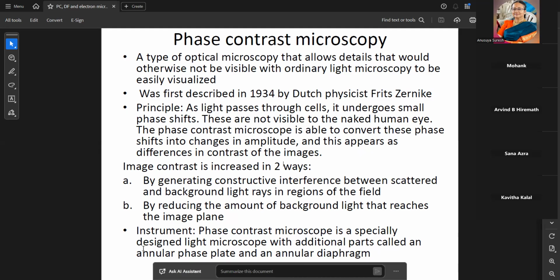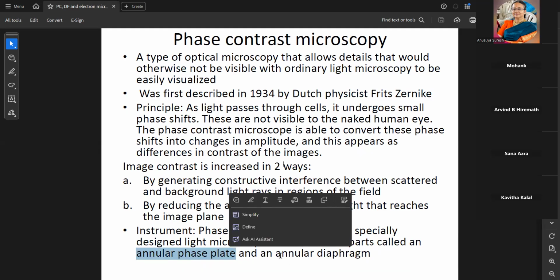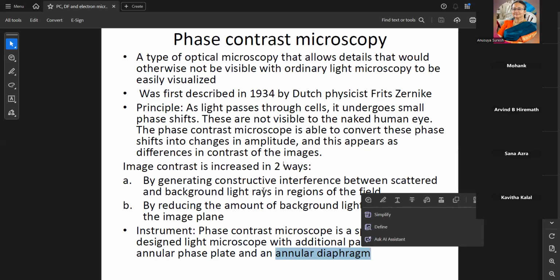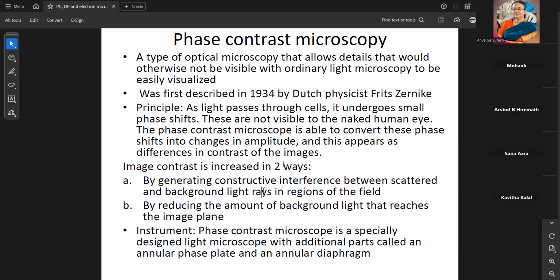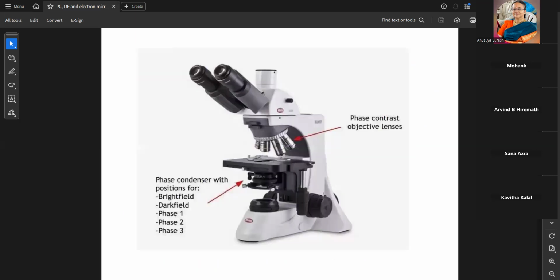There are two parts, annular phase plate and annular diaphragm. These are the two parts which are different as compared to the usual microscope. And a microscope which has these two extra parts is called a phase contrast microscope.